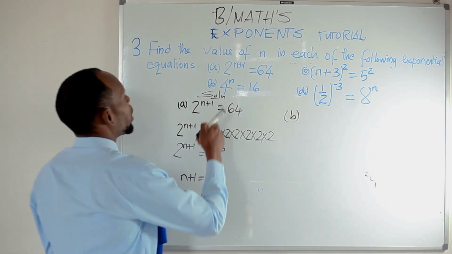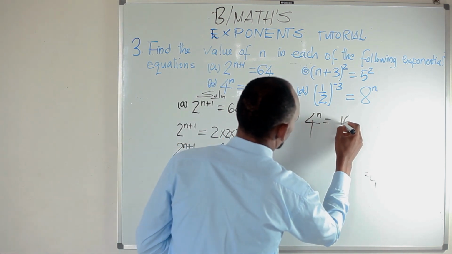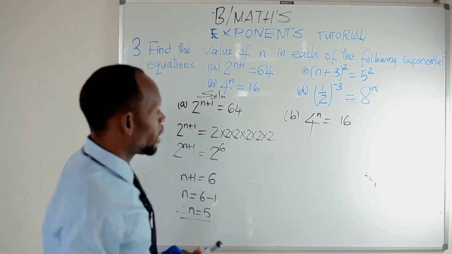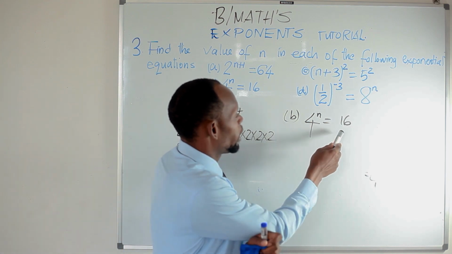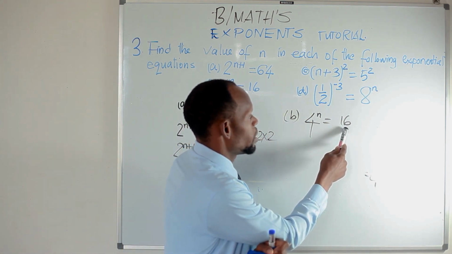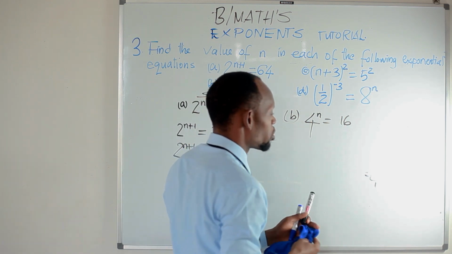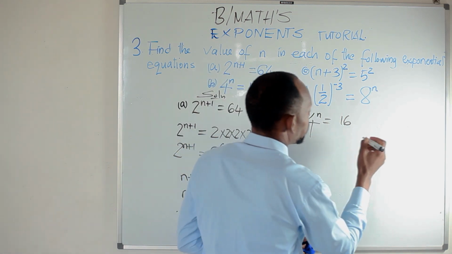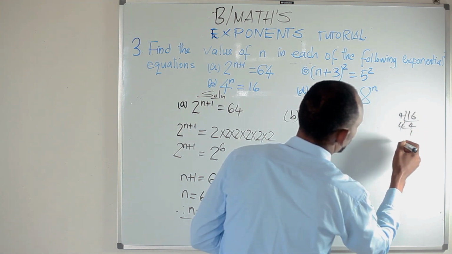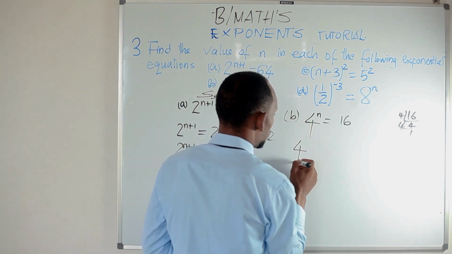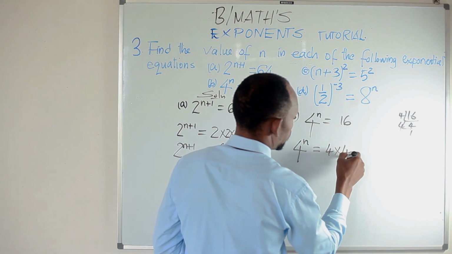In B, you are given 4 power n equals 16. The same technique is applied here. You have to factorize 16 by 4 so that you get the factors of 4. 16 divided by 4 you get 4, and by 4 it is 1. So this is like saying 4 power n equals 4 times 4.